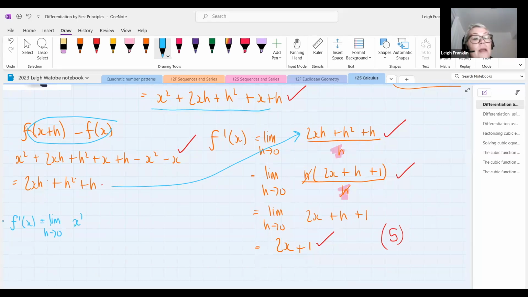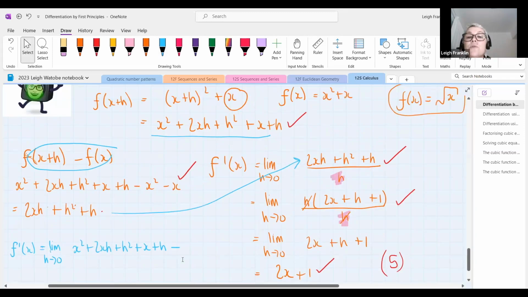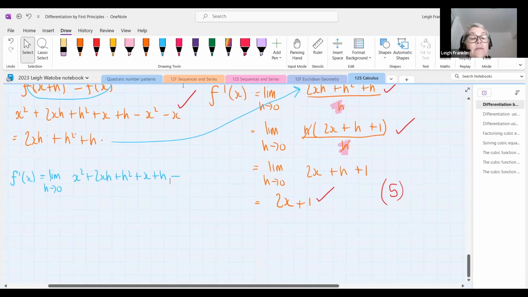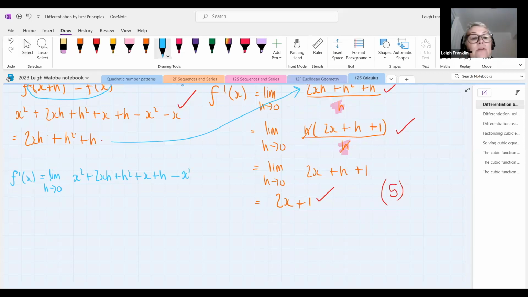So now you've got x squared plus 2xh plus h squared plus x plus h minus f of x. Now, f of x, of course, was x squared plus x. So minus x squared minus x all over h. She's just done this on the side and then gone and subbed in the simplification. It means exactly the same thing.